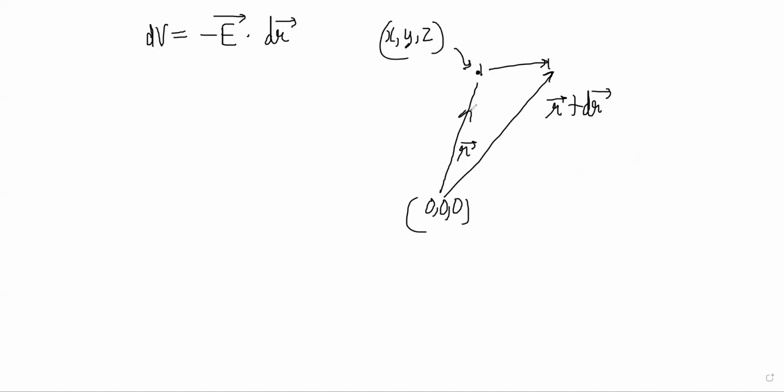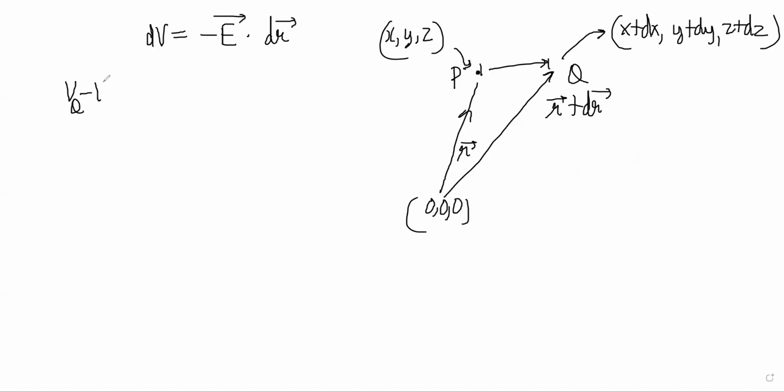And this point is x plus dx, y plus dy, z plus dz. This is P, this is Q. This relation is telling us that VQ minus VP is equal to minus E dot dr, where E is the electric field in this region. It's a small region, so it is a constant electric field.